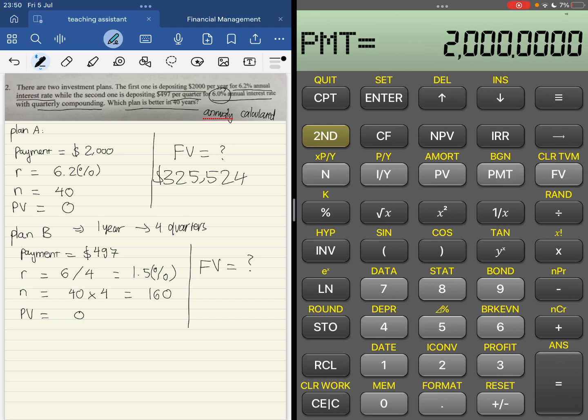Lastly, we press CPT and FV. On the screen, the future value will pop up with a minus sign, which is minus 325,524. However, we have to cancel out the minus sign, and 325,524 USD will be the future value for the Plan A investment.